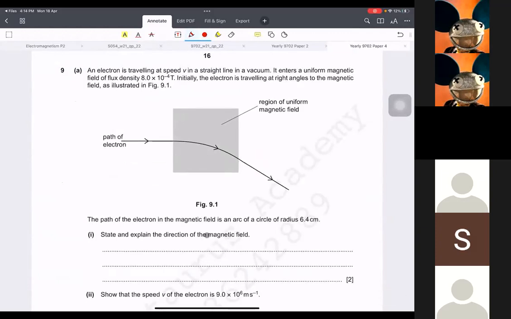Now, the path of the electron in the magnetic field is an arc of circle radius 6.4. Explain the direction of the magnetic field. Now, this is an electron, right? So I can see that there is a force here and the velocity here. For an electron, for anything negative, use right hand Fleming.